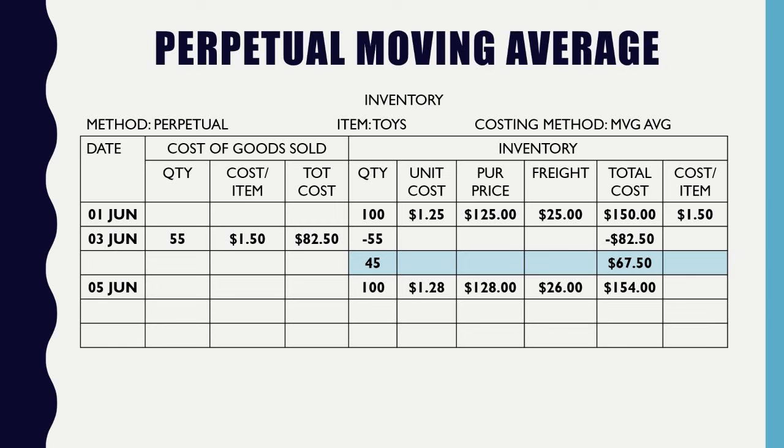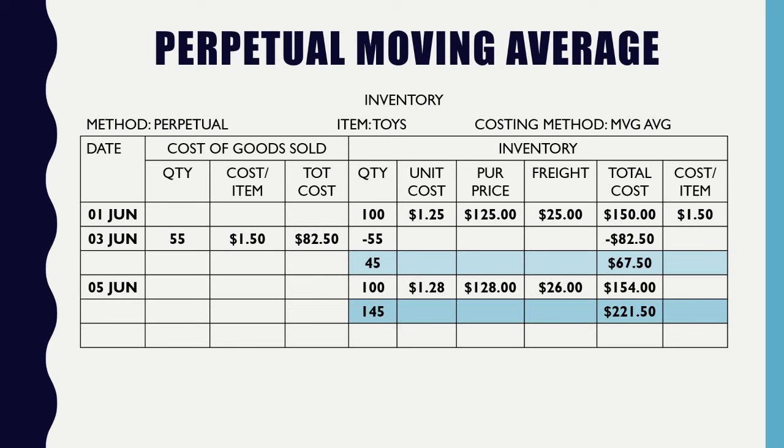And what I need to do here is add up my totals. I need to take my 45 from the very first batch of inventory, add 100 to it to get me 145 units. I need to add my total cost of my beginning inventory, so what I purchased first, at $67.50, plus what I just bought at $154 to give me a grand total of $221.50.